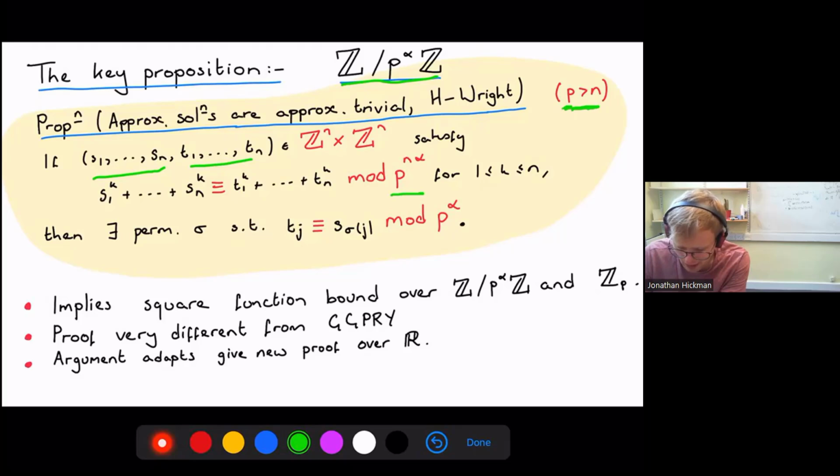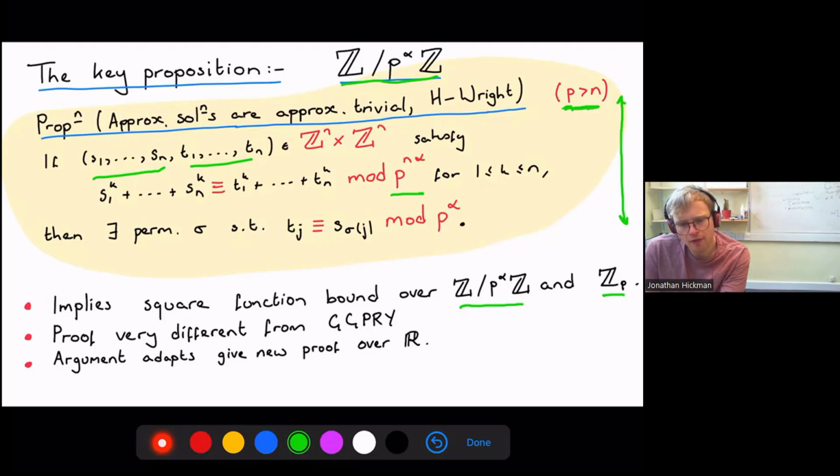So this proposition can be used to prove a square function bound over these discrete rings of congruence classes using exactly the same argument as I showed earlier. I'm not going to focus on the Fourier analytic arguments from now on. Also, it can be used to prove a result over the p-adic numbers. Actually, we will focus on the p-adic numbers later on.